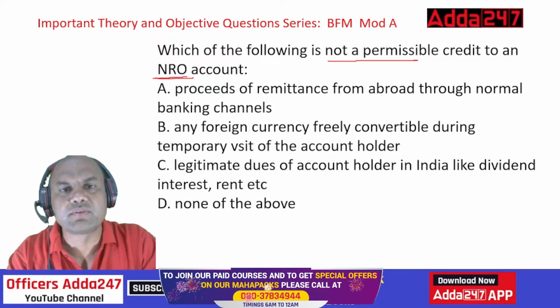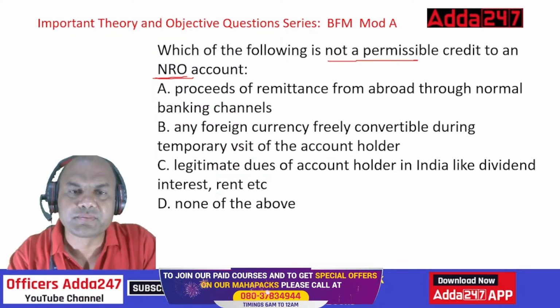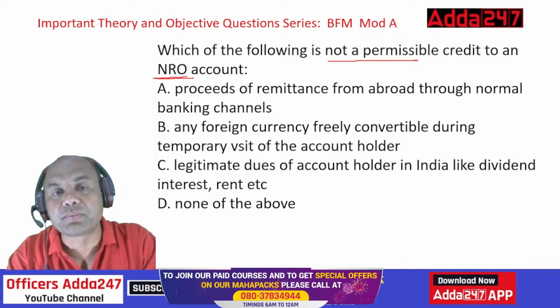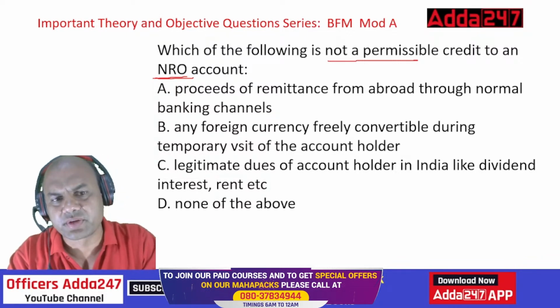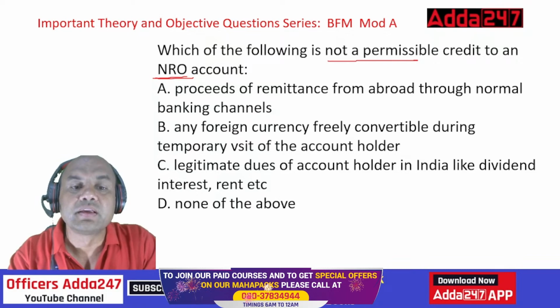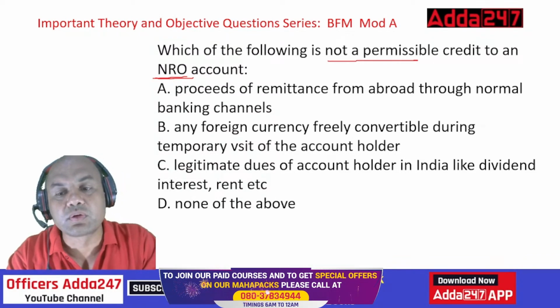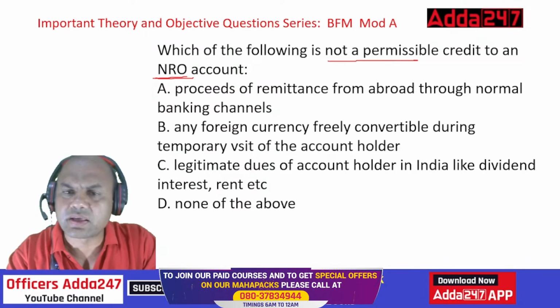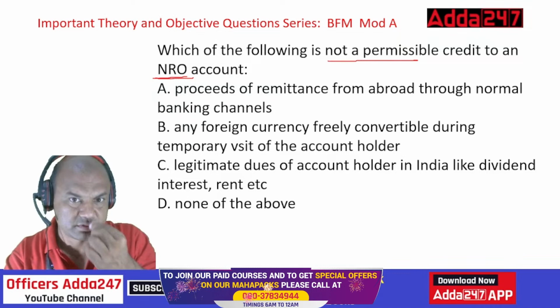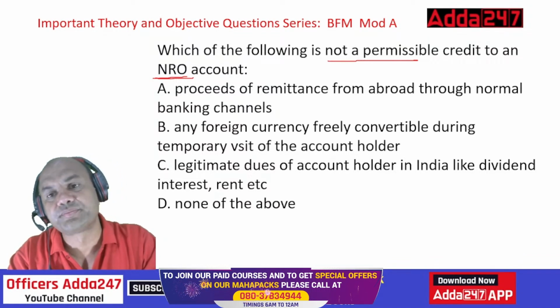Now I'm having some dollars with me. Can I deposit those dollars in this NRO account? Think over it. Third one: legitimate dues of the account holder in India like dividend, interest, rent, etc. Can I credit this? Or is it D, none of the above?